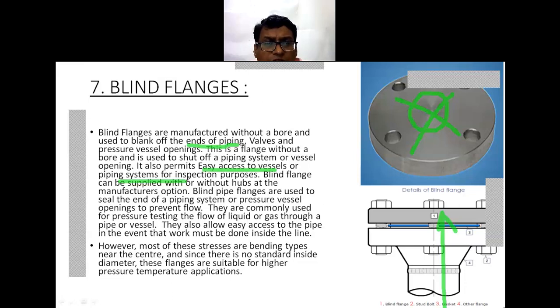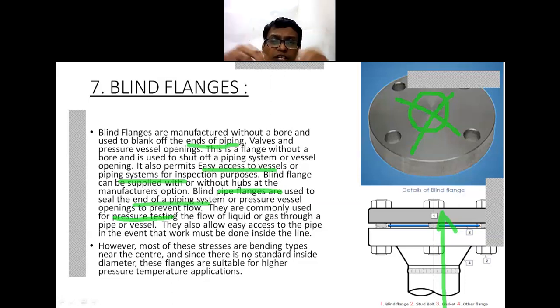These blind flanges can be supplied with or without hubs at the manufacturer's option. Then these blind pipe flanges are used to seal the end of the piping system or pressure vessel opening to prevent the flow. They are commonly used for pressure testing. For pressure testing purposes, the pipe has to be blinded at the two ends, and in between these two blind ends is the pipe or vessel which is to be pressure tested.